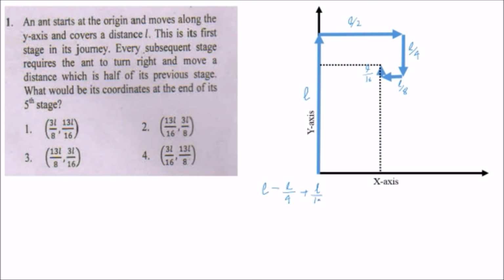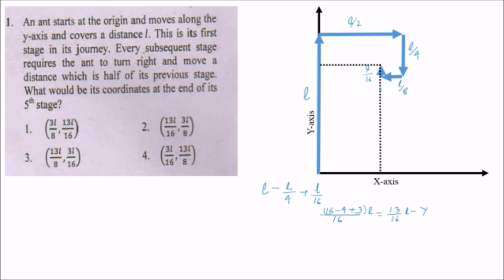So let's calculate this. You will get the LCM 16, and here you will get 16 minus 4 plus 1, which is 13 by 16 L for the y coordinate.